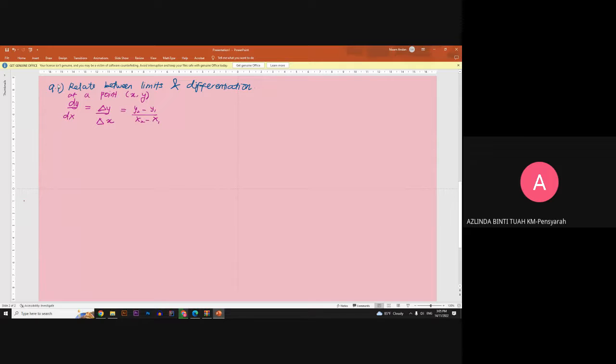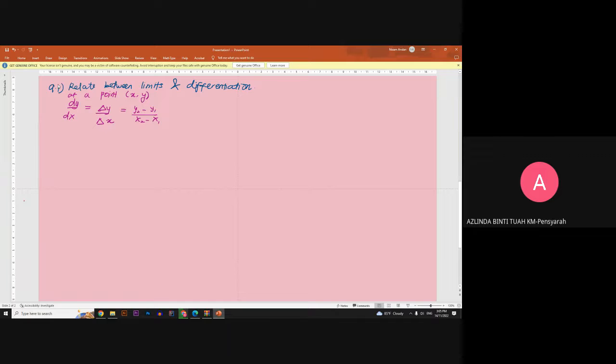The problem is that when we want to find the gradient at a point, we have the same y from the point, so this value of y is going to be y2 and also y1. When we have the same value for y1 and y2, we get 0 over 0.